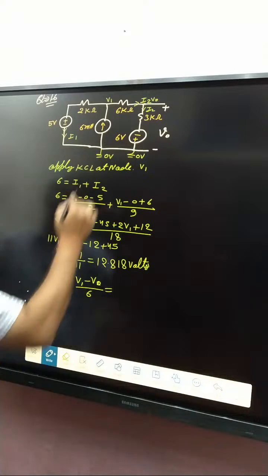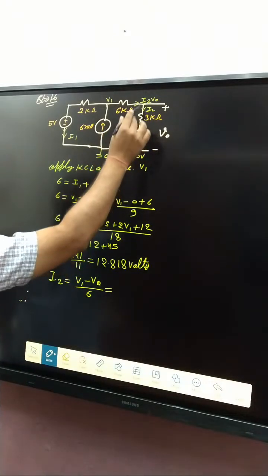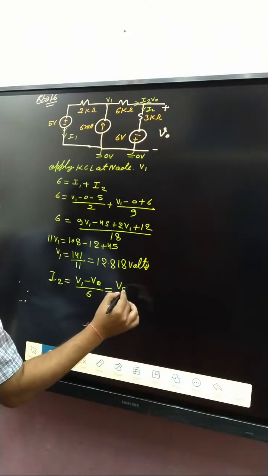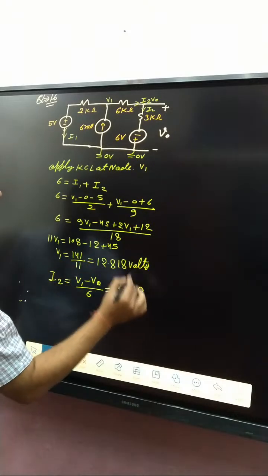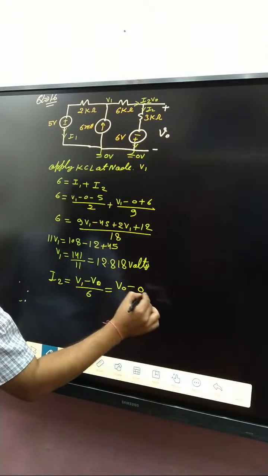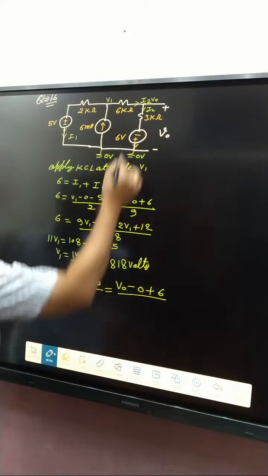This equals I2 written as V naught, current leaving from the positive terminal, so plus 6 divided by 3 kilo ohm.